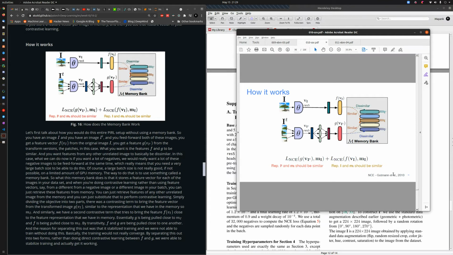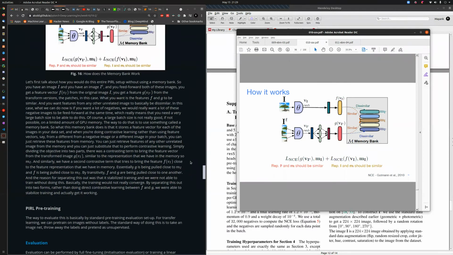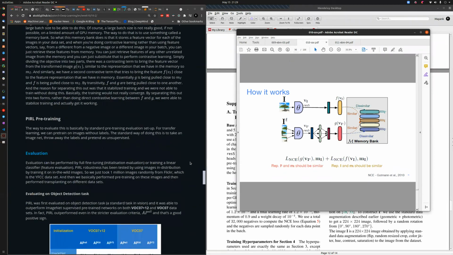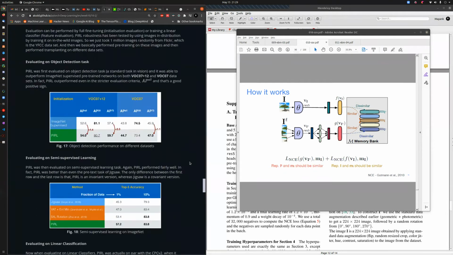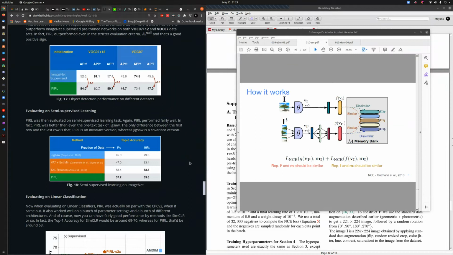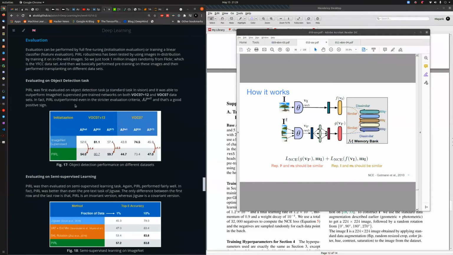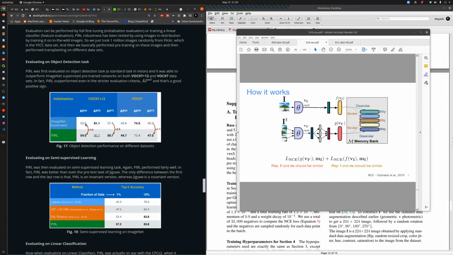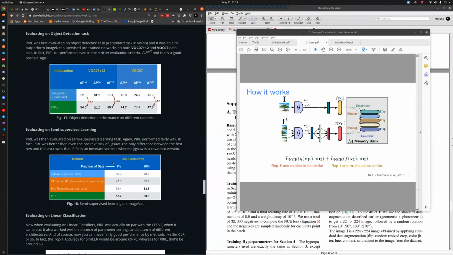This is the NCE loss that was given in 2010. So it's an improvement over that basic NCE loss. Yeah, so then they talk about the evaluation on the object detection tasks and the semi-supervised learning.